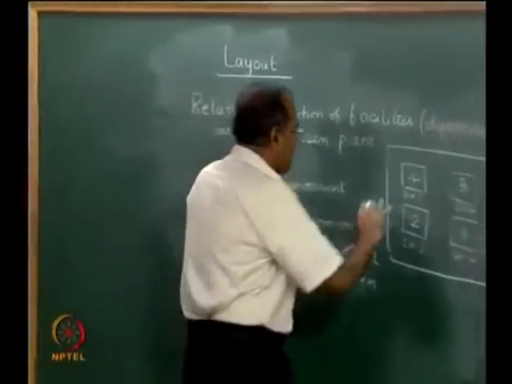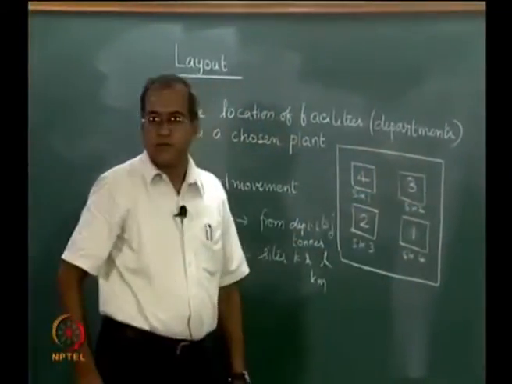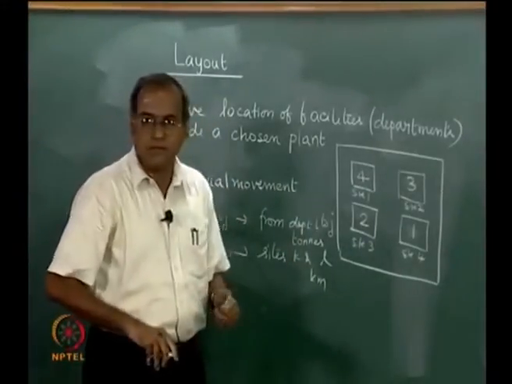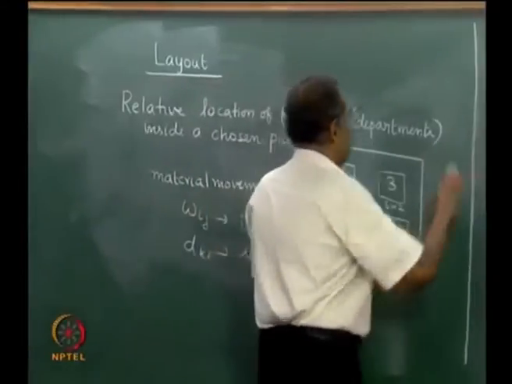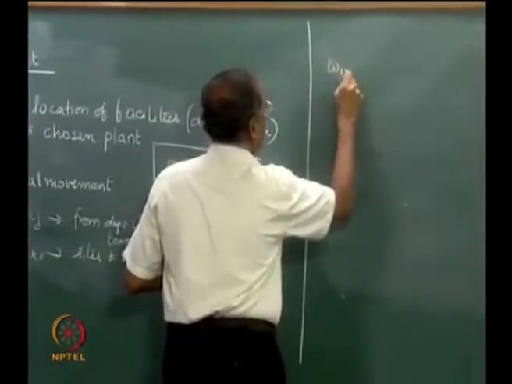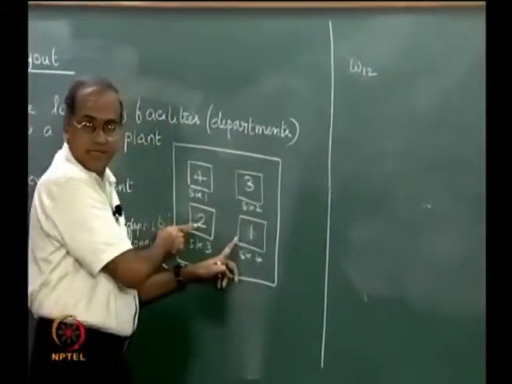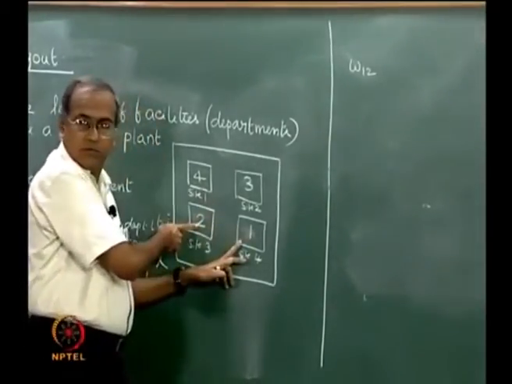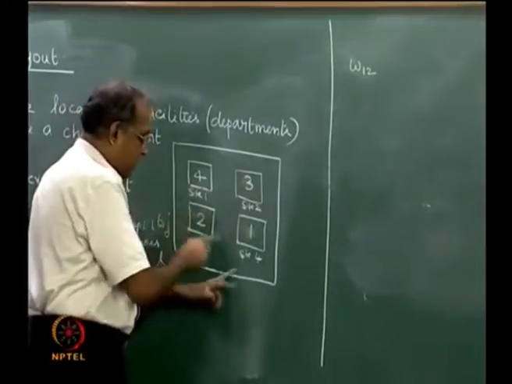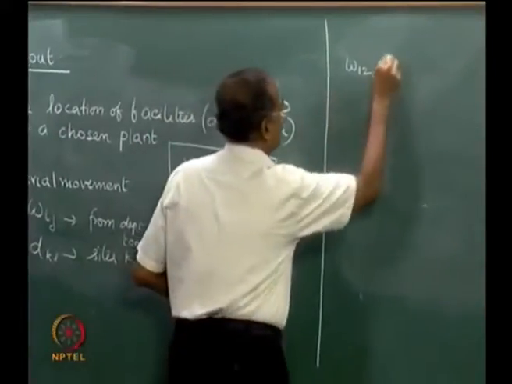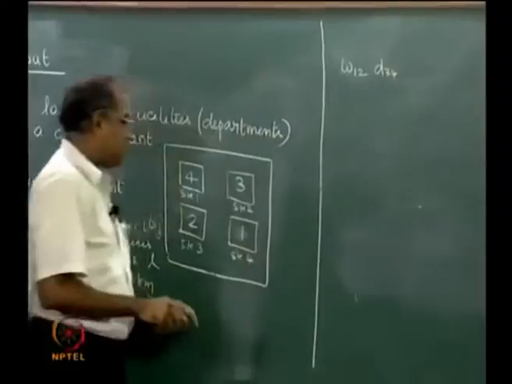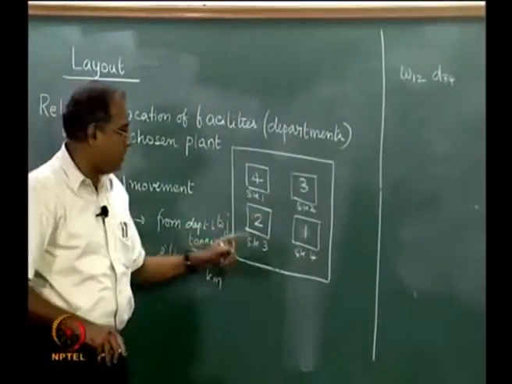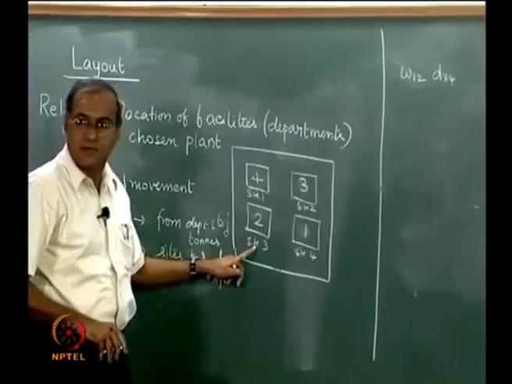So, if we have this kind of a layout, then the total material movement will be W12, from 1 to 2 there is a material movement into D12, W12 into D34, because department 1 is located in site 4, department 2 is located in site 3.